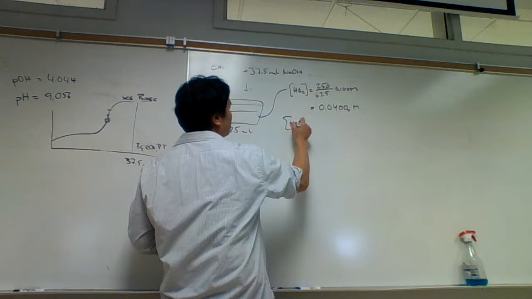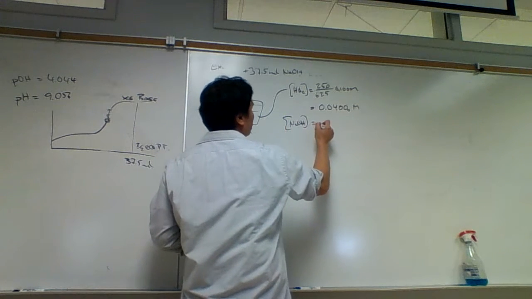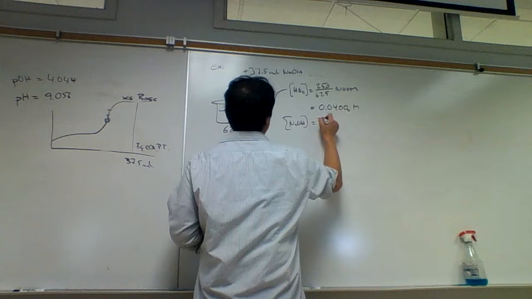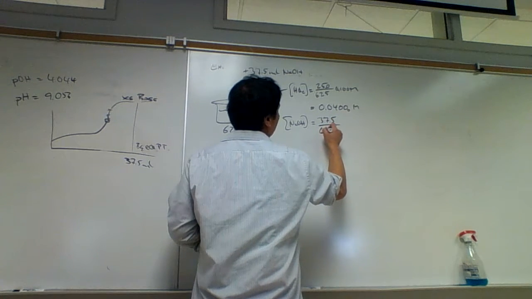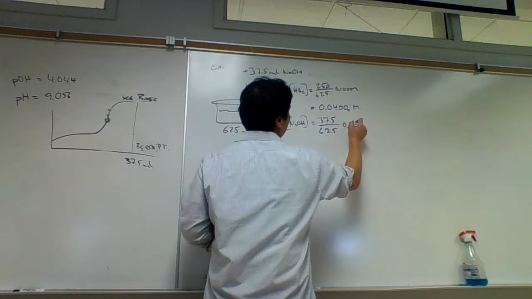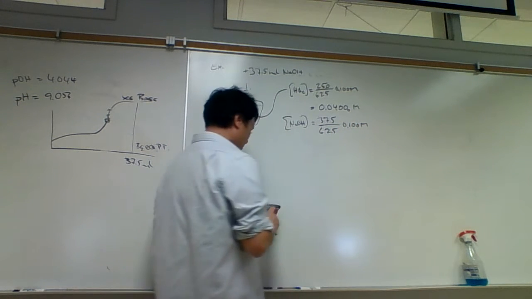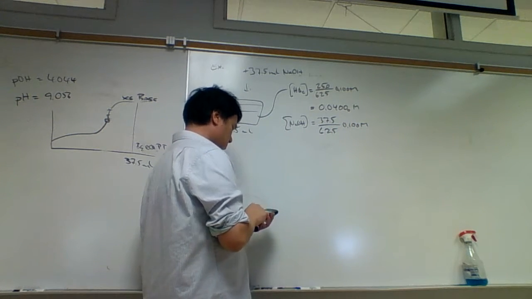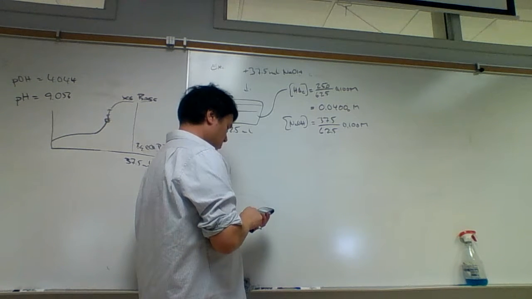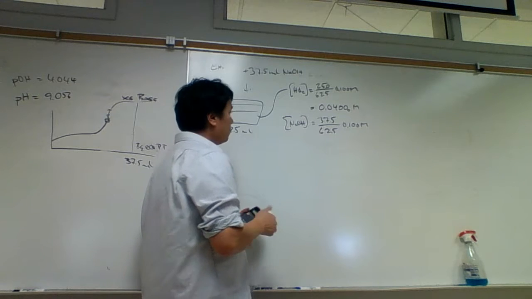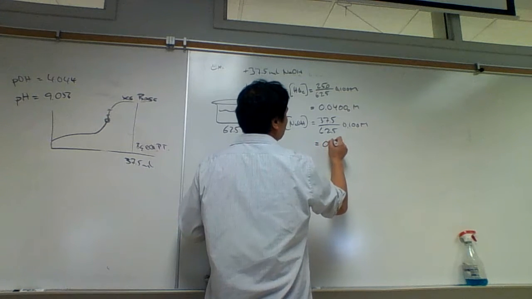Then I'll look at the sodium hydroxide. The sodium hydroxide is going to be a 37.5 over 62.5 dilution of 0.100 molar, which is 0.0600.